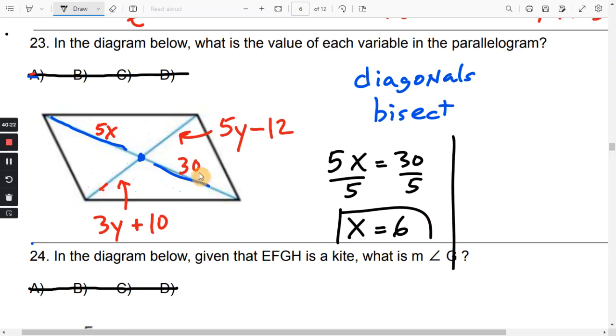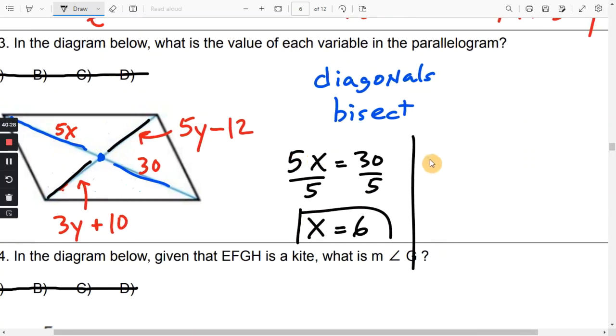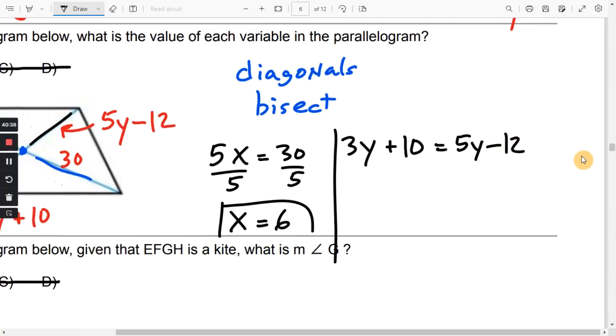Now on the other one, 3y plus 10 equals 5y minus 12. Solving for y, I like to subtract the smaller y, so I'm going to get rid of the 3y and do that to both sides. Since my y's are here, I want the numbers on the other side.